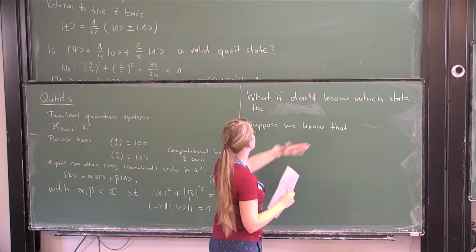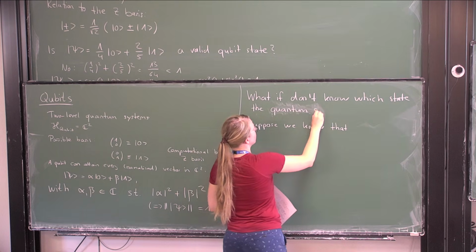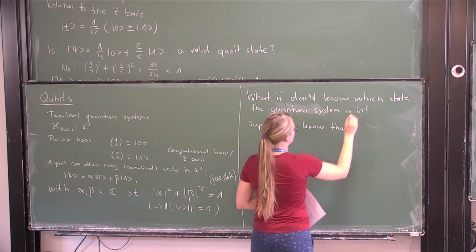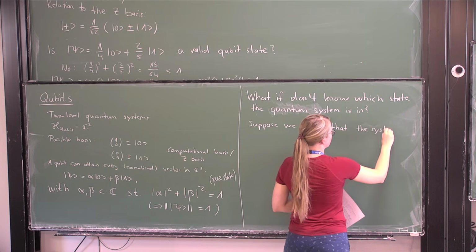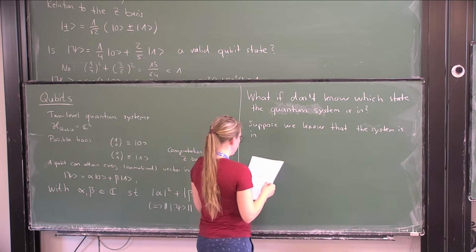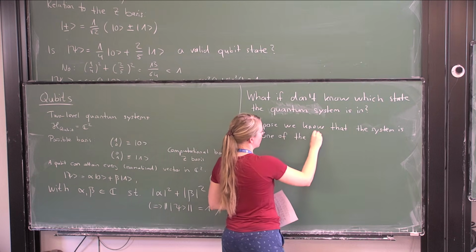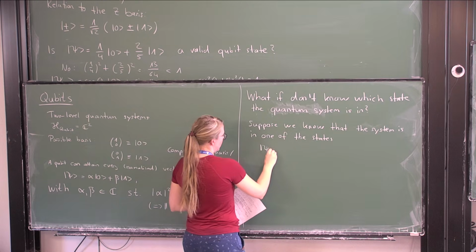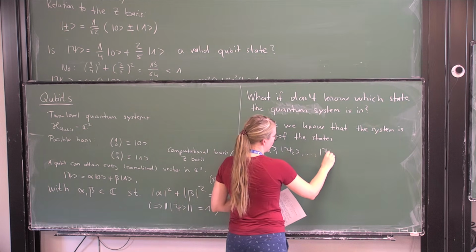So the quantum system is in one of the states, so 1, so 2, up to the number of possibilities, n.